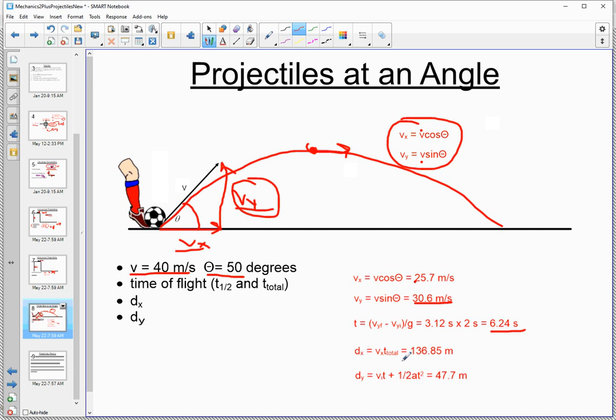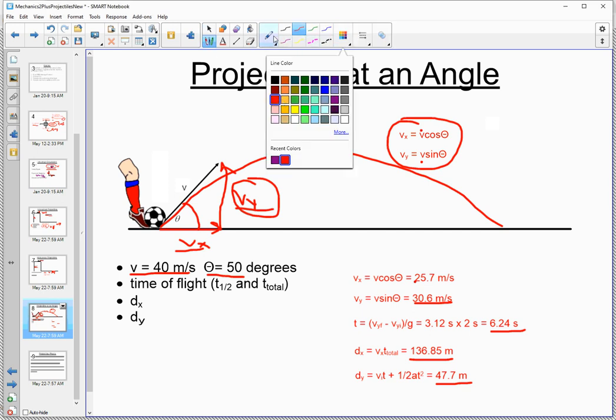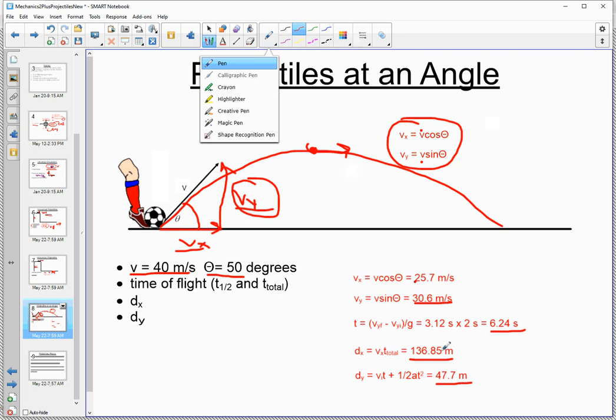And dx, again, we can only use v bar equals d over t in the x direction. Actually, this is not true. That's a copy and paste error from the last problem.